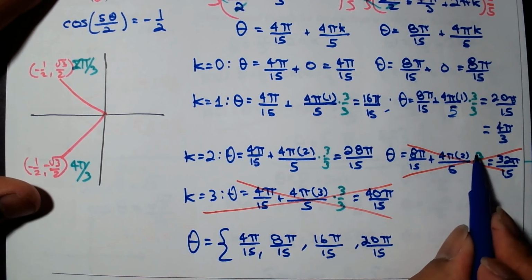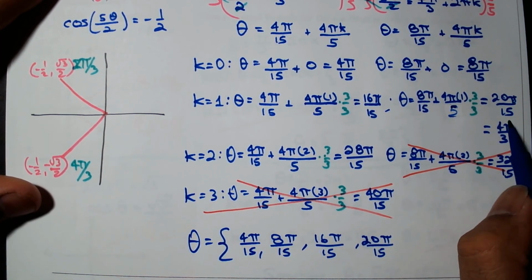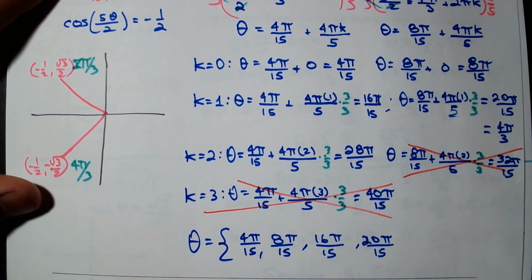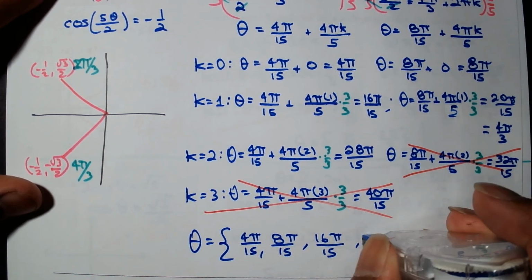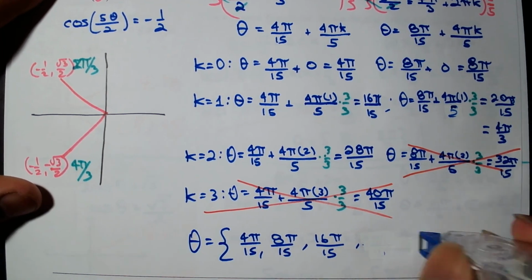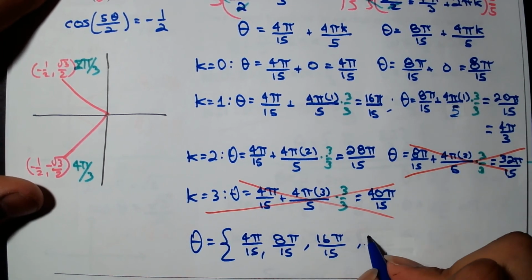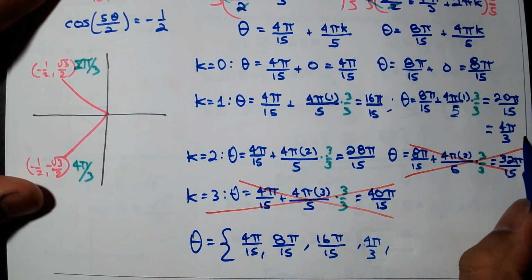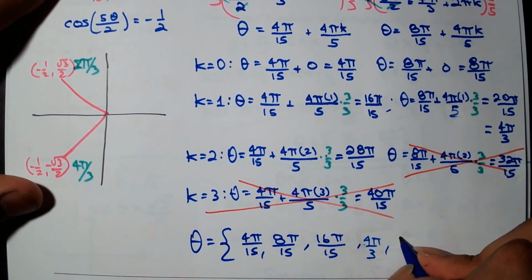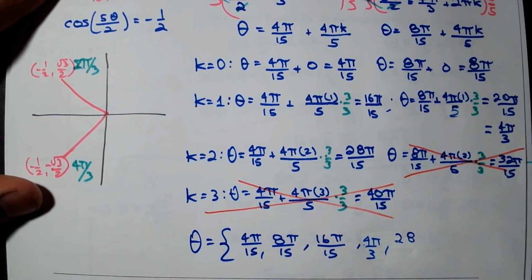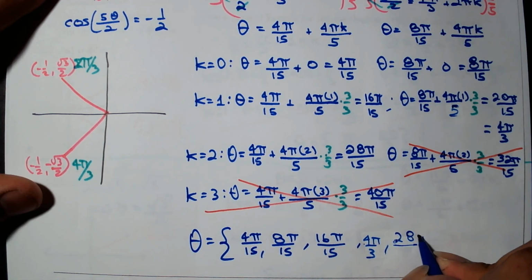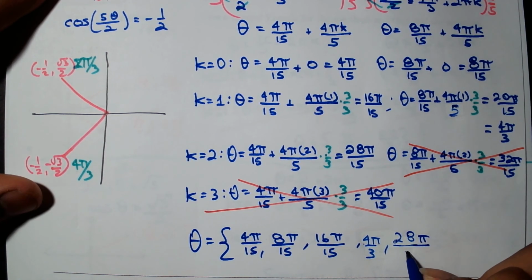Actually this 20 pi over 15 reduced to 4 pi over 3. If we recall, let me write it down in reduced form. So that's 4 pi over 3. And finally, 28 pi over 15.